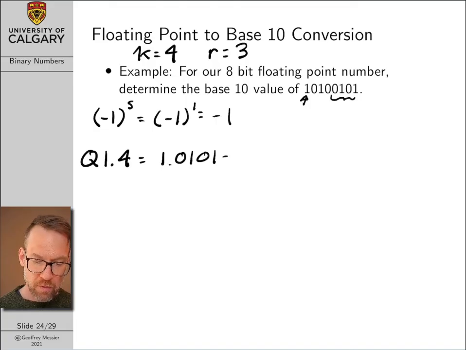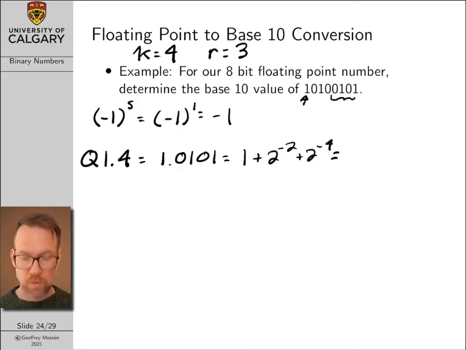So just converting this to a base 10 value using standard fixed point techniques, this is equal to 1, plus 2 to the -2, plus 2 to the -4, which is equal to 1.3125. So now the final step is to determine the value of our exponent.